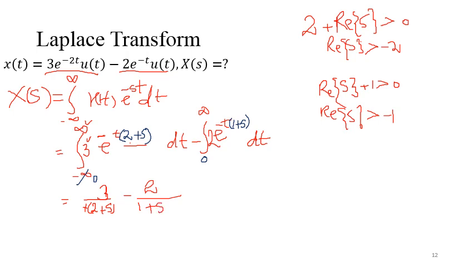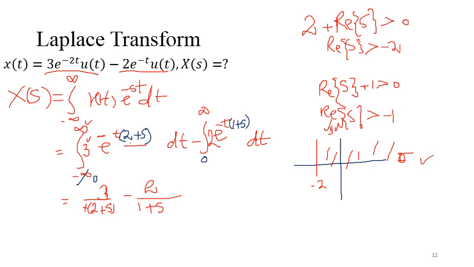In order for both to converge, we need the region of convergence for both, right? For the first one, we say it should be greater than, for example, this is minus 2, right? So this is your region of convergence for the first one. On this axis we have sigma, or j omega, the imaginary part, and along the x-axis we have the real part, right?